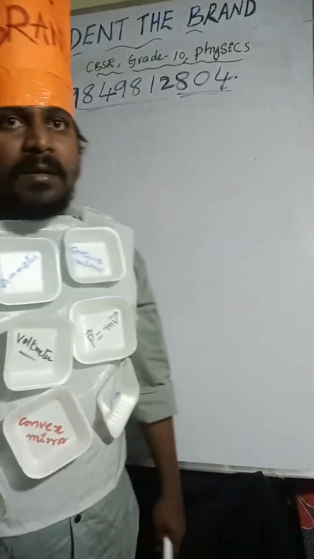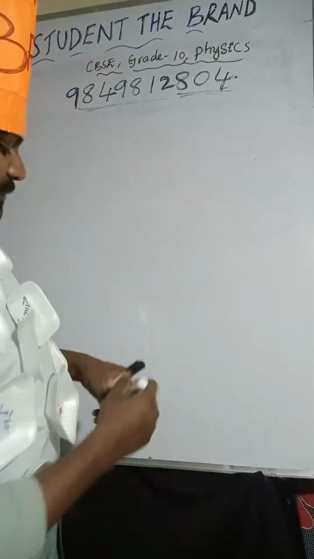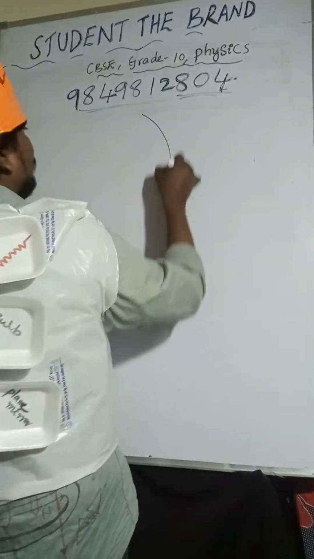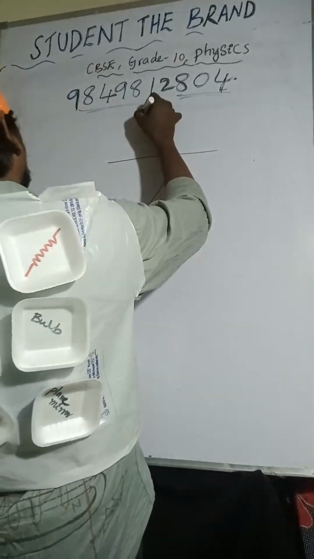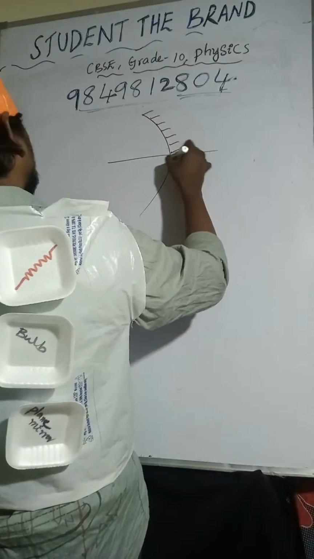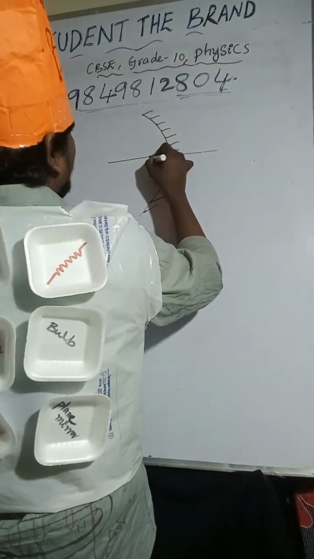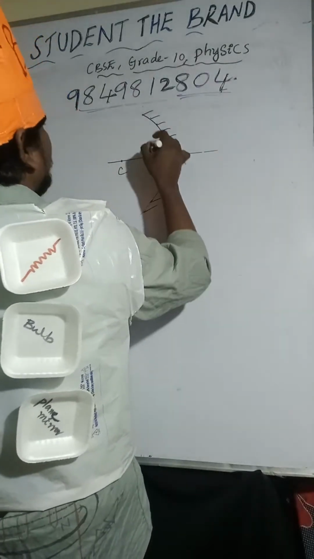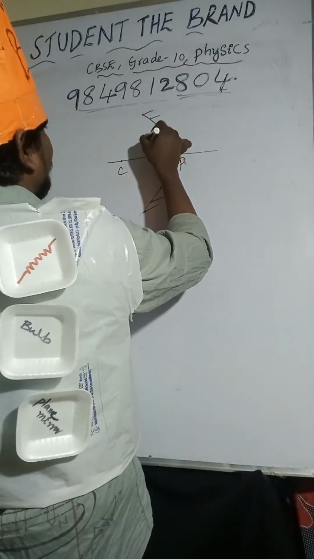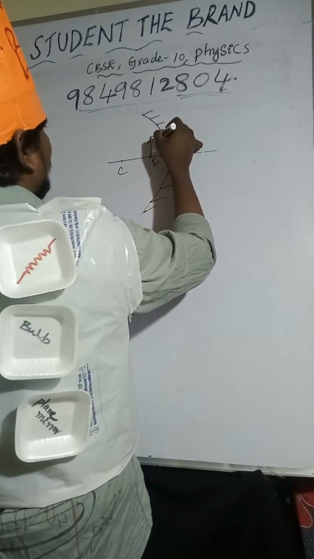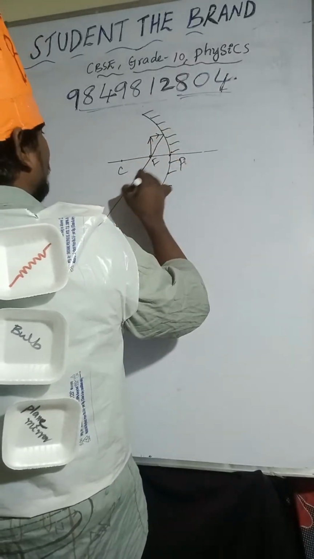So pole, focus, center of curvature, object is placed at F. One light ray I am taking, so it passes like this.